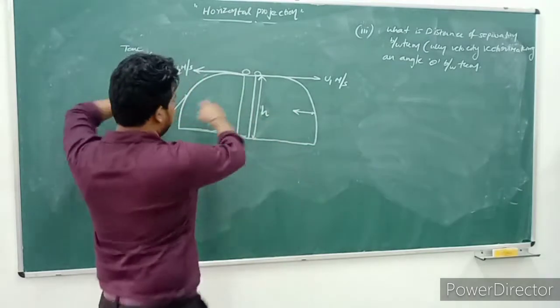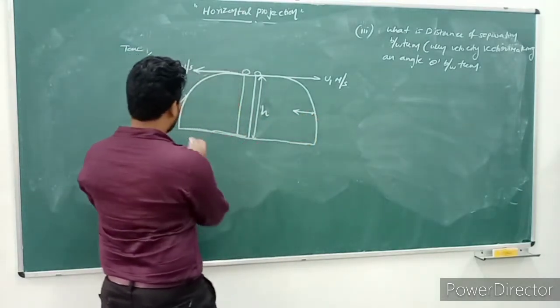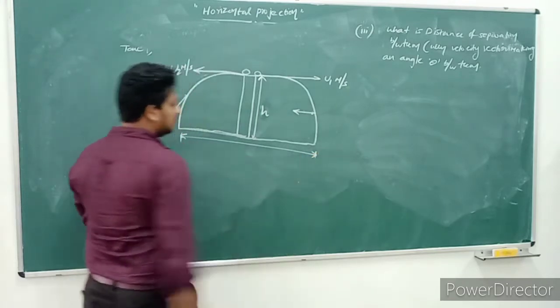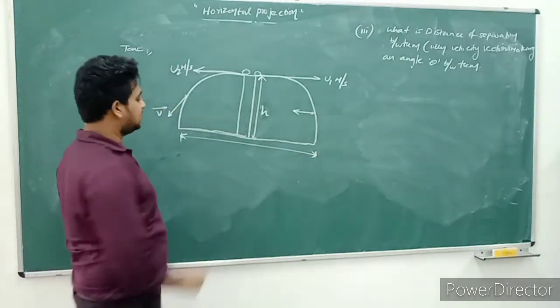So this is the velocity vector, this is the velocity vector. So now what is the distance of separation between them at that time?